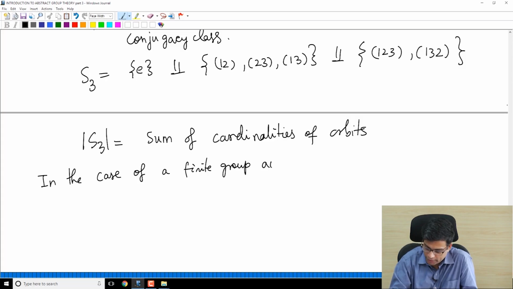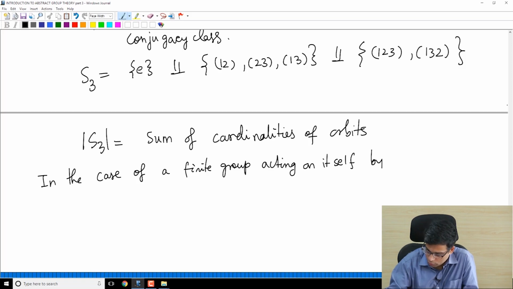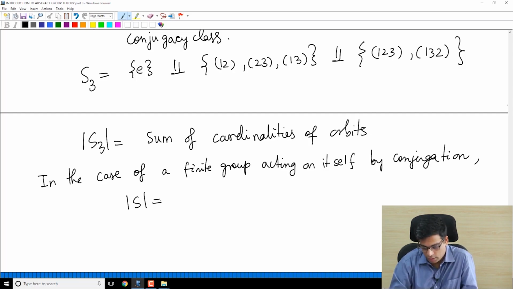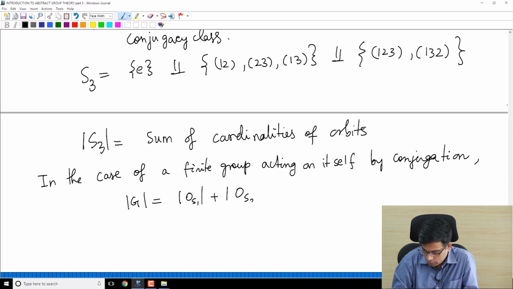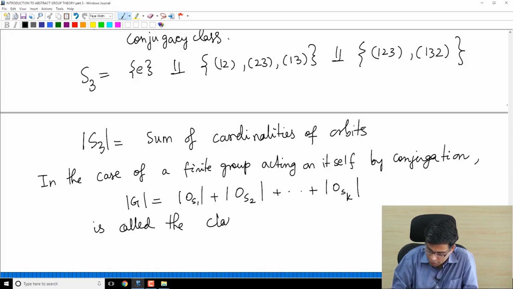In the case of a finite group acting on itself by conjugation, this statement that the cardinality of S, or the cardinality of the group, which is also the set in this example, is equal to the sum of sizes of orbits, is called the class equation.